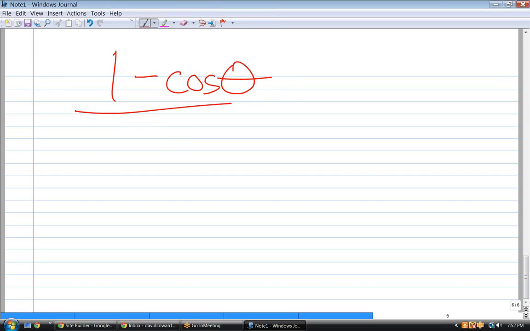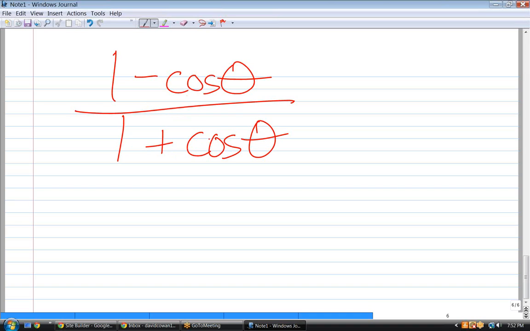So let's say I've got that on, I got both of this, and I want to do something with that. Well, it's hard to do much with that, but one thing that I can do is if I can turn the bottom into 1 minus cosine squared, I can substitute sine squared for that.